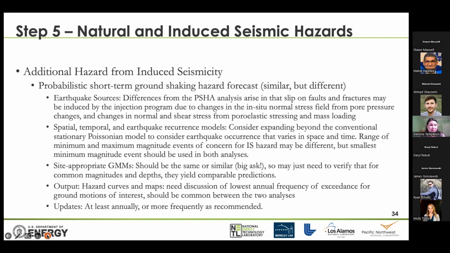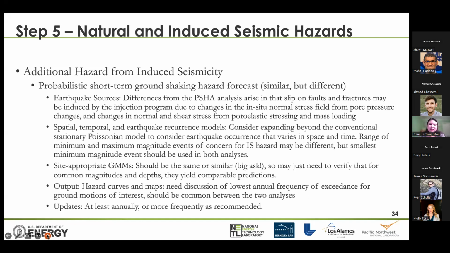So the earthquake sources might be a little bit different. In terms of the spatial, temporal, and earthquake occurrence models, we discussed that perhaps it would be a good idea to move beyond the conventional Poisson model and consider earthquake occurrence that varies in space and time. Not easy, we recognize.